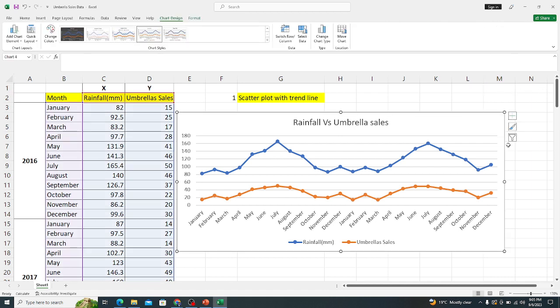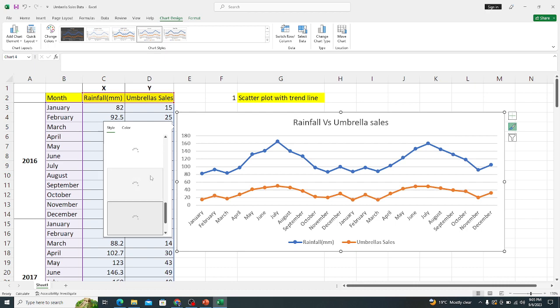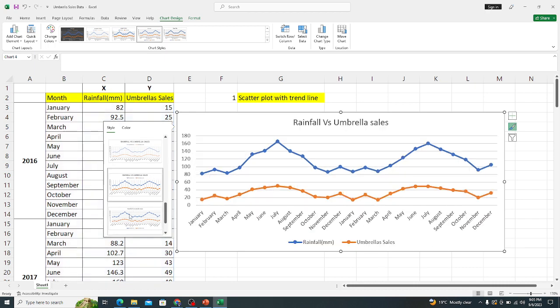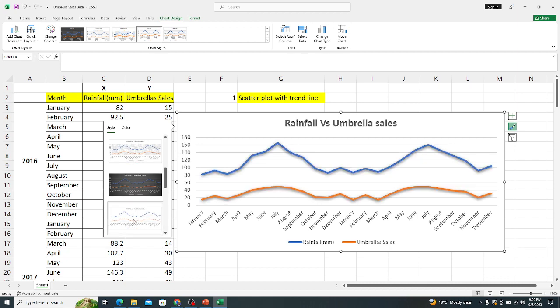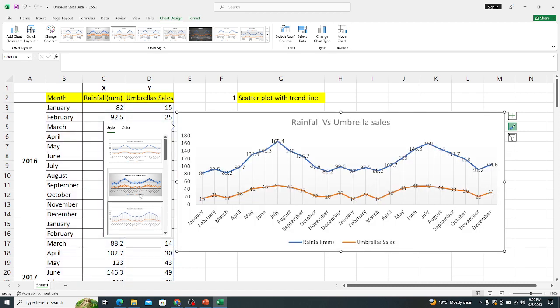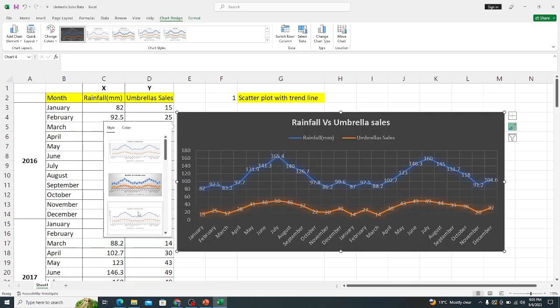You'll also see a chart style option, which gives you different options for the way you want the chart to appear. We have very many good styles which you can adopt.